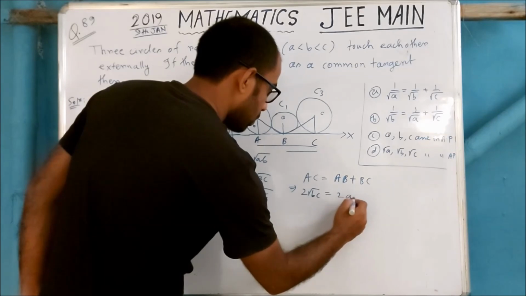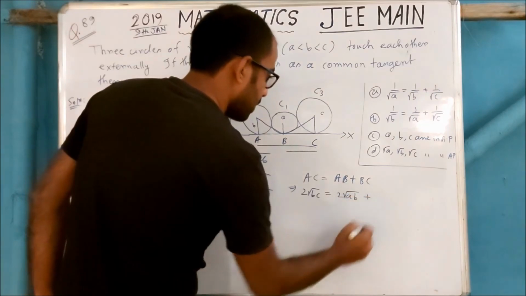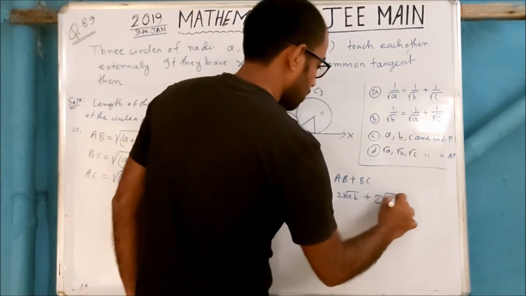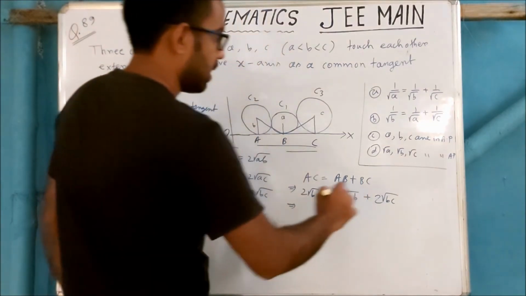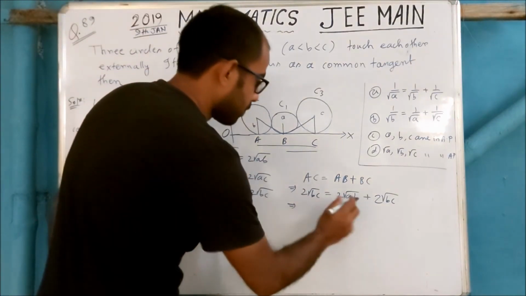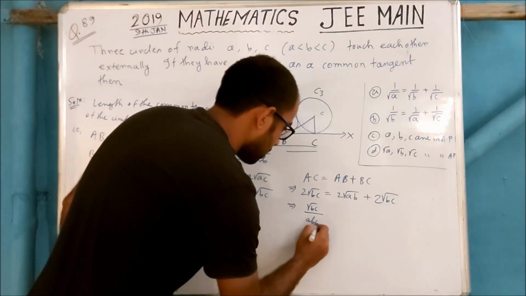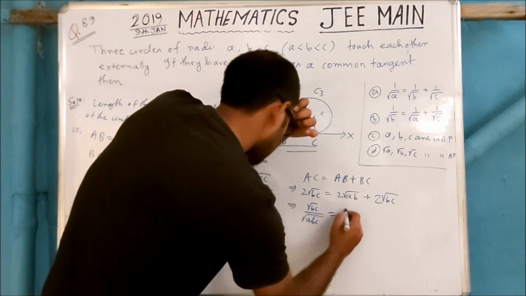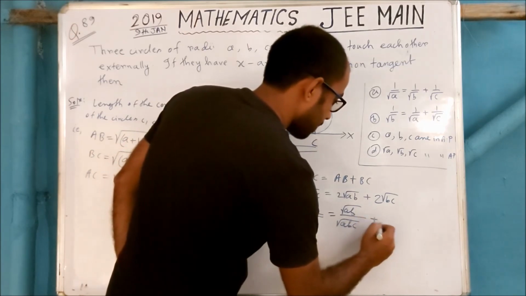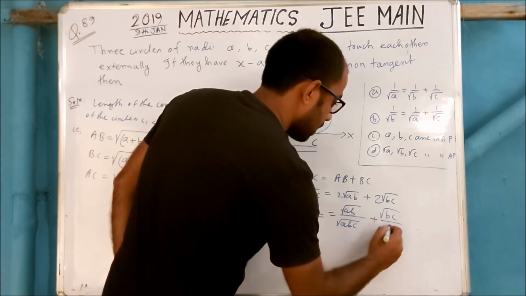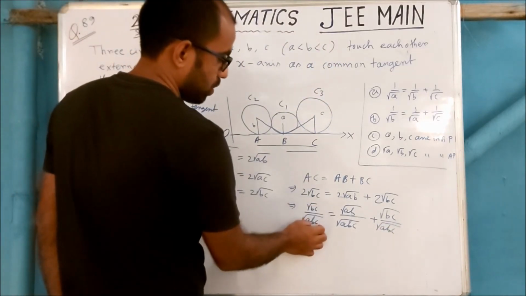The 2 cancels out from the right and left side, and dividing the whole condition by root ABC, we see that root BC and root BC cancel out.